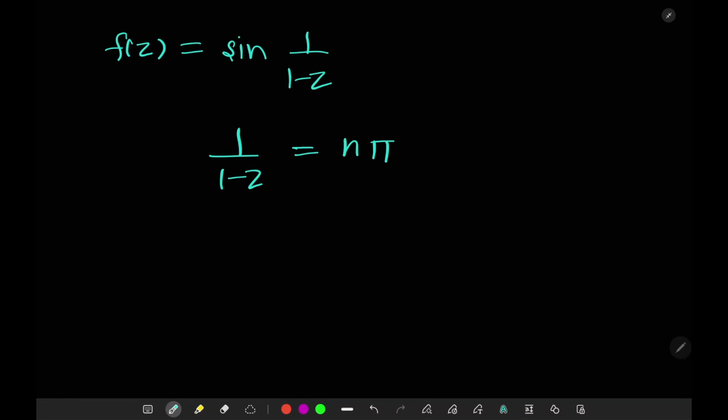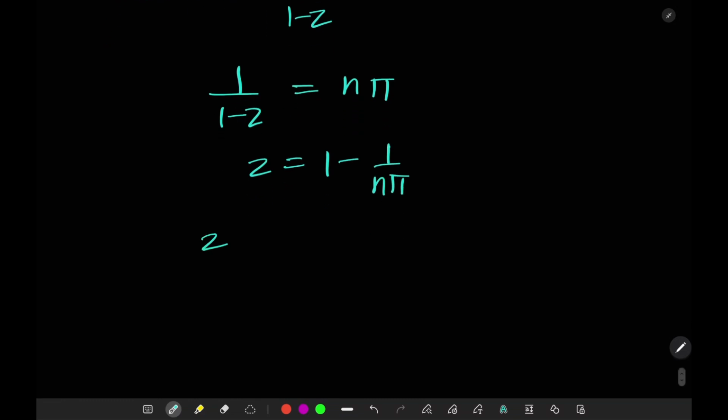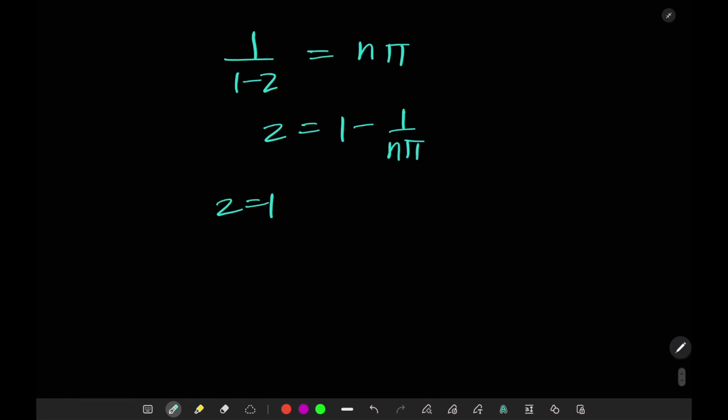On solving this, z equals 1 minus 1 by n pi. Here z equals 1 is a limit of these zeros. So this is also a case of non-isolated essential singularity.